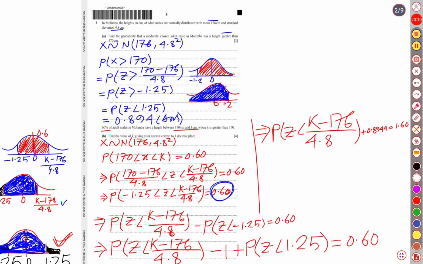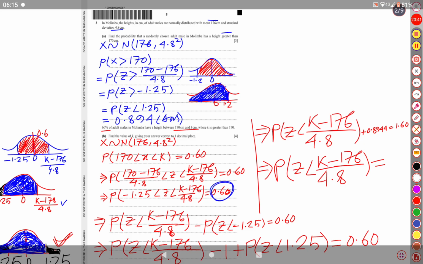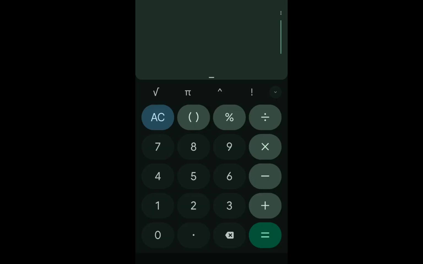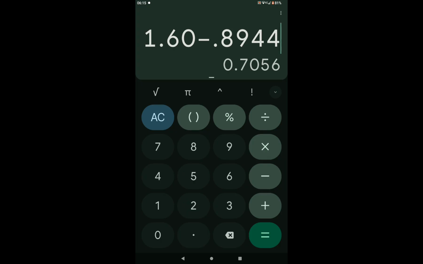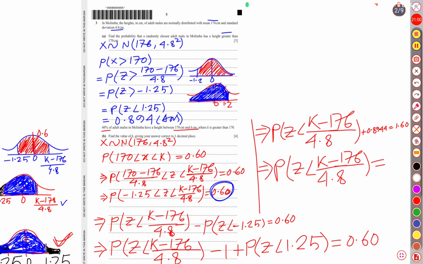Then probability of z less than (k minus 176) over 4.8 is equal to, from 1.6, if we subtract 0.8944, we will get, let us calculate, 1.60 minus 0.8944, our probability is 0.7056.